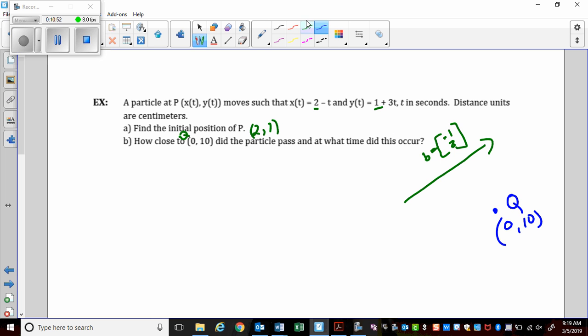How close did the particle pass, so the minimum distance is going to be when this is perpendicular. Pretend like that's perpendicular. That was horrible. Okay. And it tells you that your position is 2 minus t, comma, 1 plus 3t.